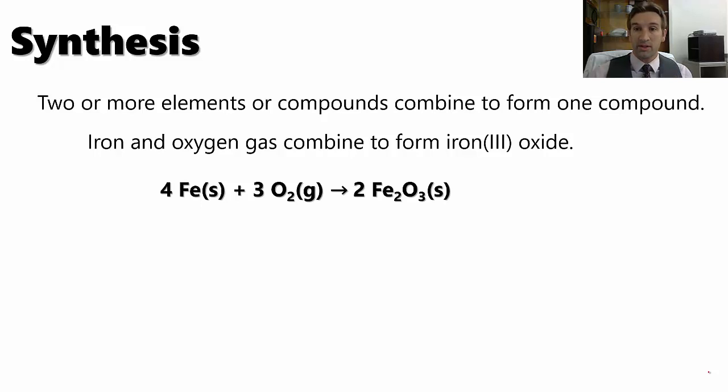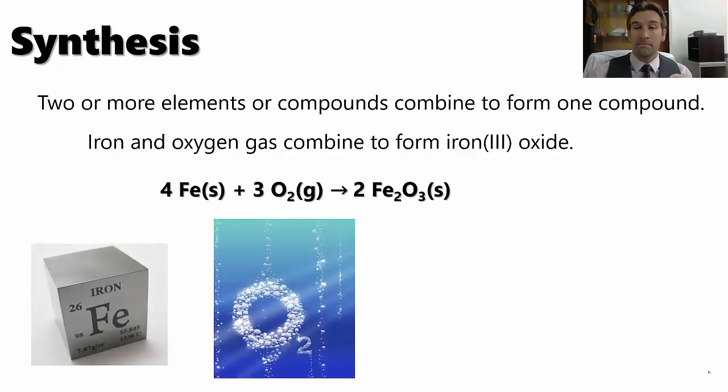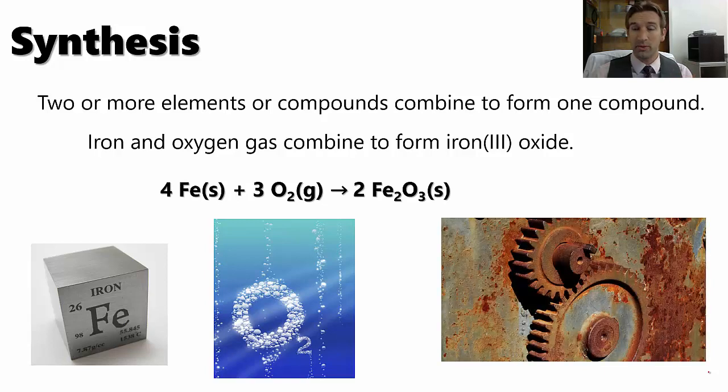Now here's our balanced chemical equation, but just to give kind of a feel for this, remember that iron as an element is going to be solid, oxygen will be a gas. As these come in contact with each other, they're going to make the iron(III) oxide, which you're probably familiar with. It's just rust. Okay, so again, synthesis, two things or more combining together to make one more complex product.